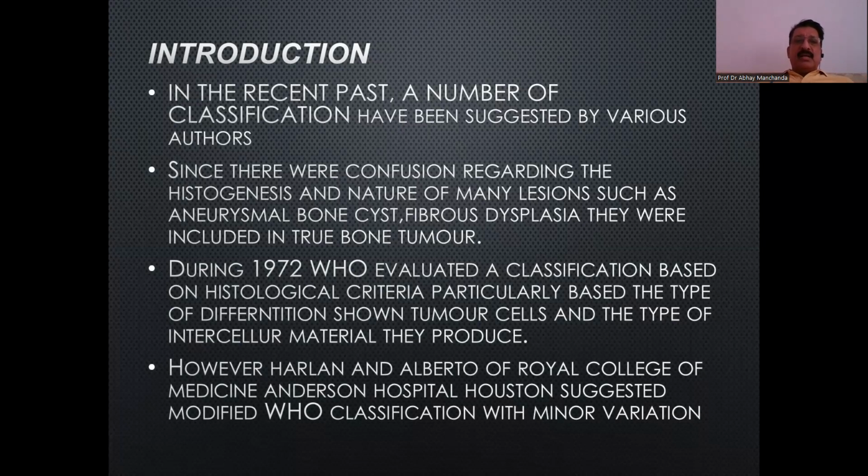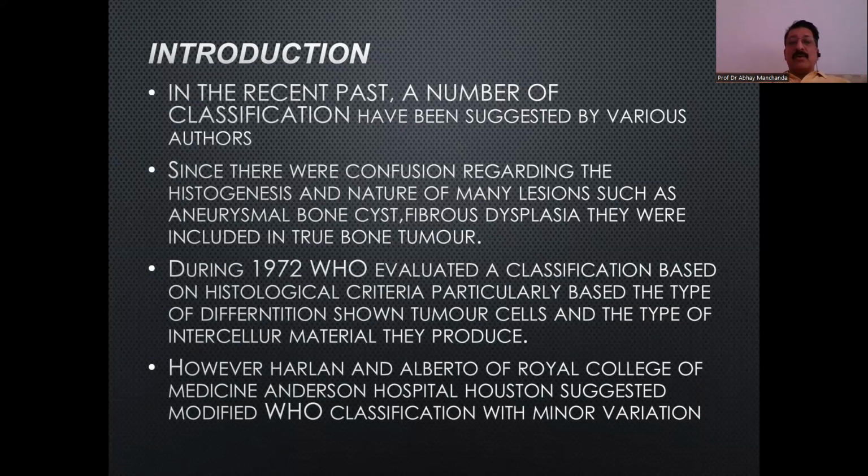There has been much confusion regarding the histogenesis and the nature of some tumors, mainly aneurysmal bone cyst or fibrous dysplasia, and hence they are also included in bone tumors. In 1972, WHO evolved a classification based upon histological criteria, particularly the type of differentiation shown by tumor cells and the type of intercellular material they produce.